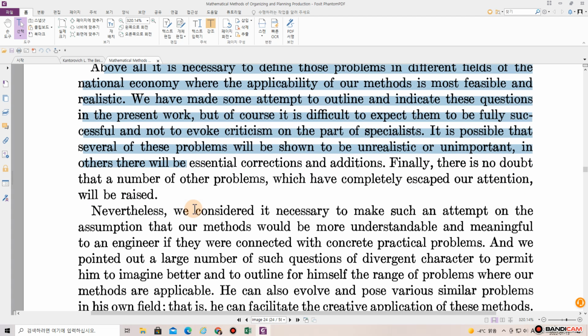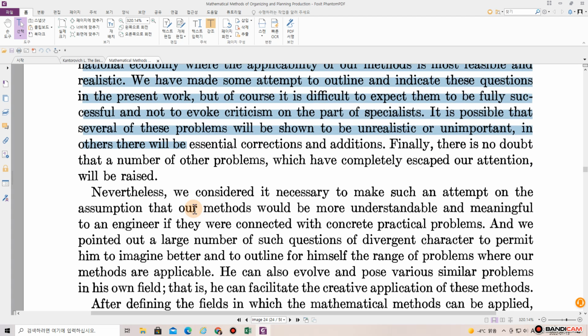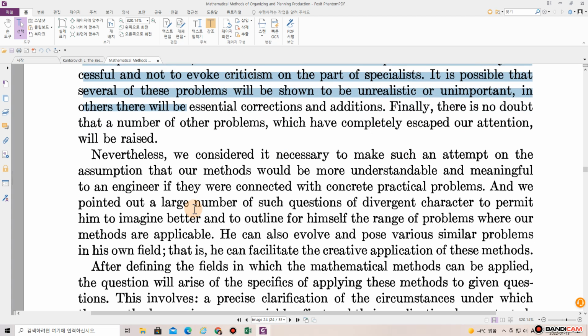It is possible that several of these problems will be shown to be unrealistic or unimportant. In others, there will be essential corrections and additions. Finally, there is no doubt that a number of other problems which have completely escaped our attention will be raised.